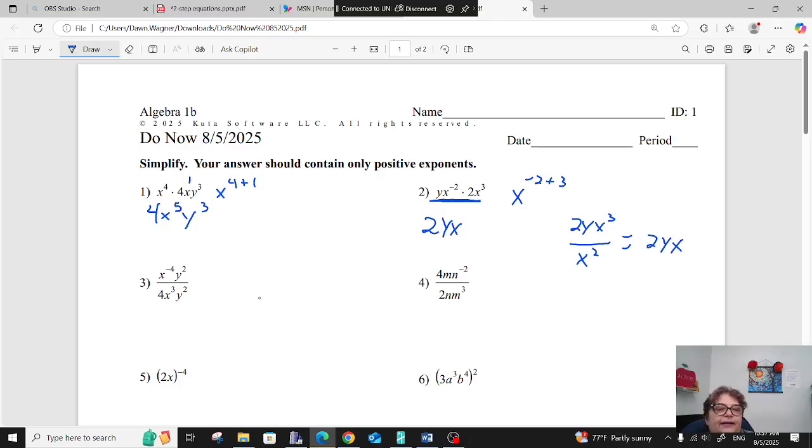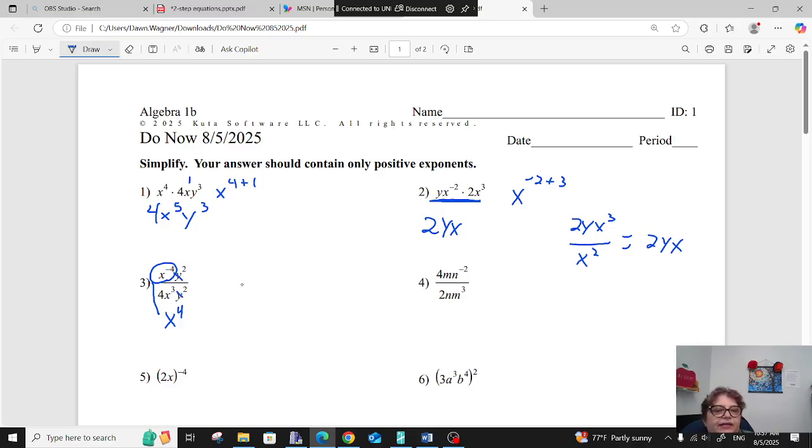So over here we have x to the negative 4th in the numerator. What happens with this negative exponent? What do I do with it? I have to bring it down and I'm going to make it positive down here, right? What about the y's? What happens with the y's because they're exactly the same? They cancel out.